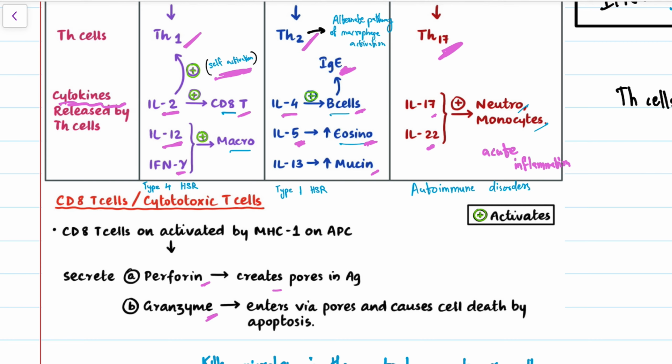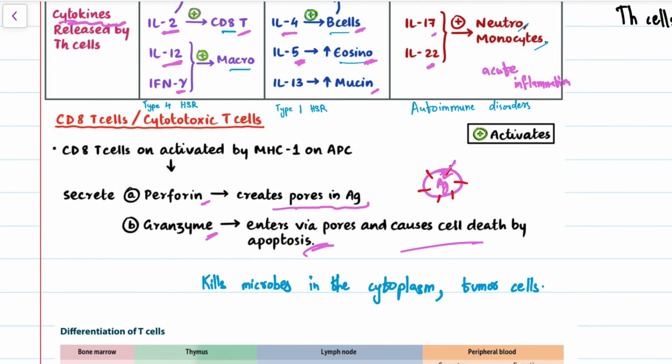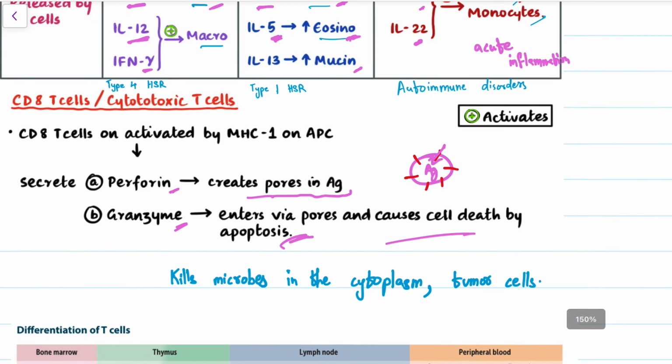Perforins create pores in the antigen. Then, when the pores are formed on the cell wall, the granzymes enter via the pores and cause cell death by apoptosis, and it kills microbes in the cytoplasm or the tumor cells.